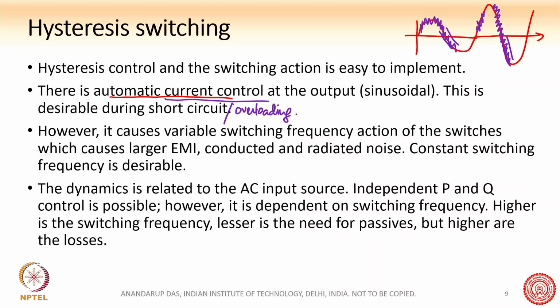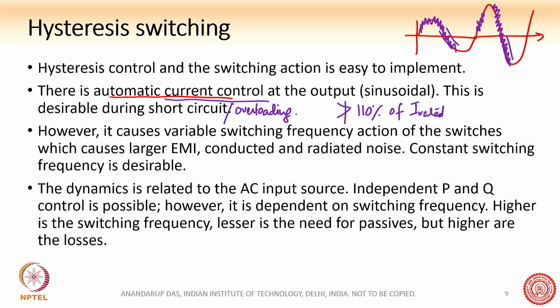If you want to ensure that the current output from my voltage source converter should not exceed 110% of my rated current, you can always put a limit, and the converter will always try to ensure that it is at most 110%, 10% more than the rated current, and it will never cross that.